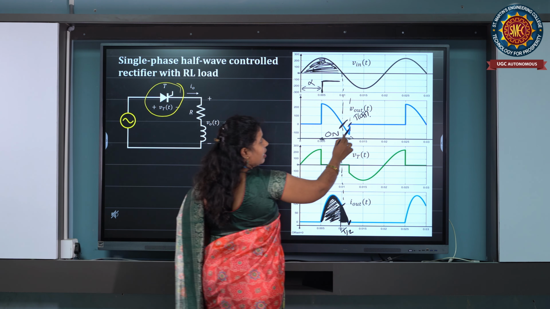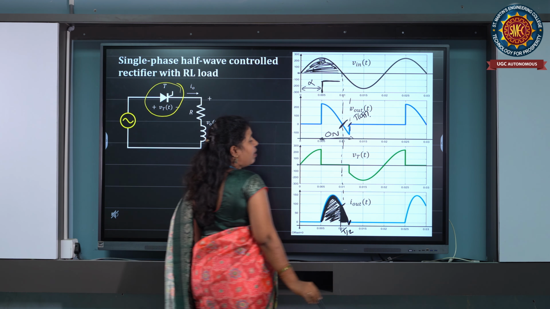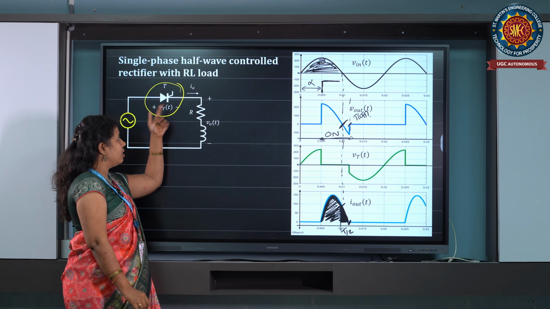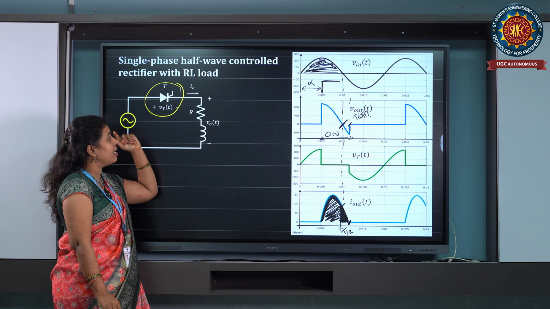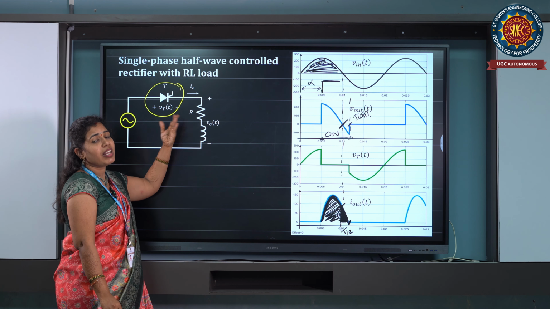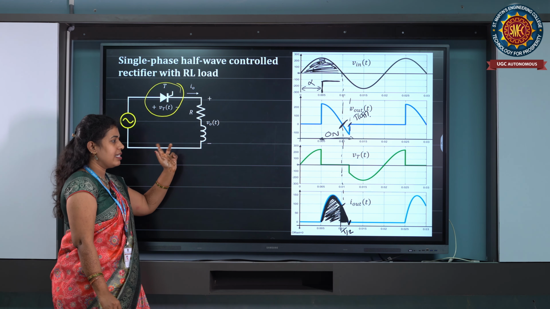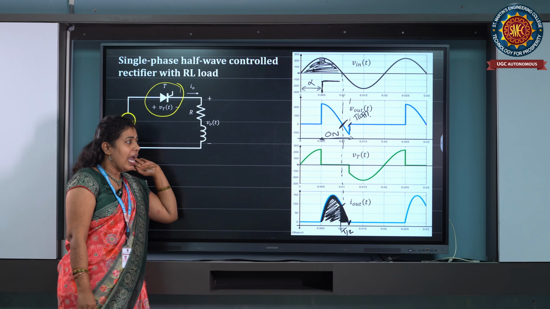Again from beta to 2 pi plus alpha, the thyristor will be in the off state because reverse voltage will appear across the thyristor. Whenever we give the triggering pulse again, it starts conducting and the operation is repeated.